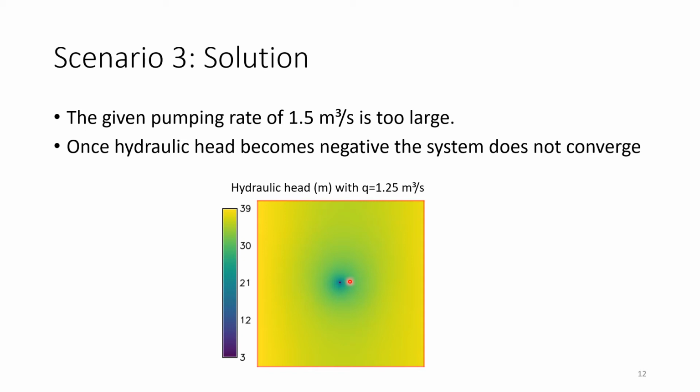Get a sense of what reasonable pumping values are. That's like 40 liters per second. If you go to industrial pumps in mining and so on, you will get larger values, but here we're talking about an aquifer system of 39 meters of hydraulic head. So get a feeling for numbers, because it will help you.